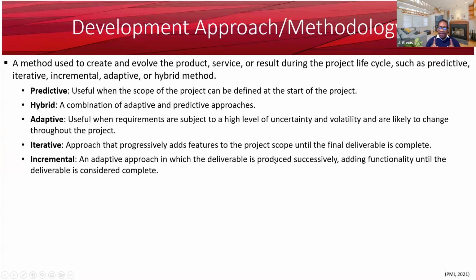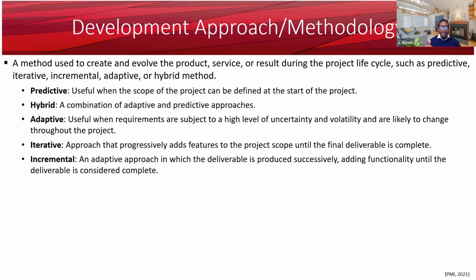Now we'll start by talking about development approach, because this is all related to what we're going to talk about. So a development approach is a method used to create and evolve the product, service, or result during the project life cycle. So the project life cycle could follow a predictive, iterative, incremental, adaptive, or a hybrid method.